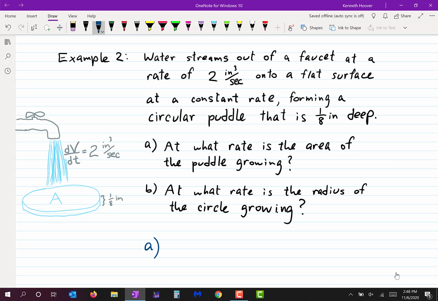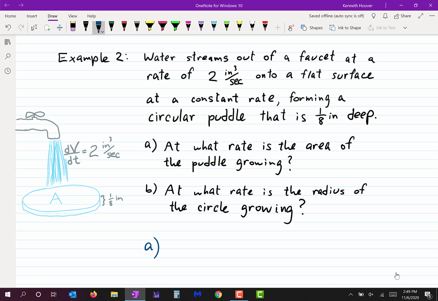They're asking us for the derivative of the area. What's that shape? It's a circle. Do you know how to find the area of a circle? Sure. The area of a circle is pi r squared. Okay. All right, that's going to be the first question. I know I didn't actually write anything down in blue, but we will in a minute.